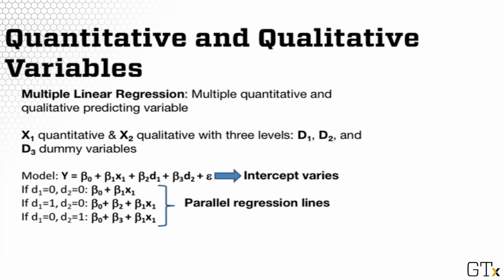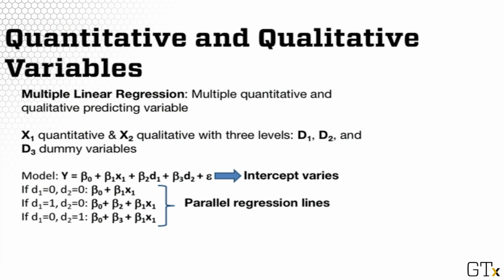So, for example, for these 3 categories, if we have d1 equal to 0 and d2 equal to 0, that means we consider the response variable for the third category. The model is beta 0 plus beta 1 x1. The intercept is beta 0. Now, if d1 is equal to 1 and the other is 0, the intercept is going to be beta 0 plus beta 2.